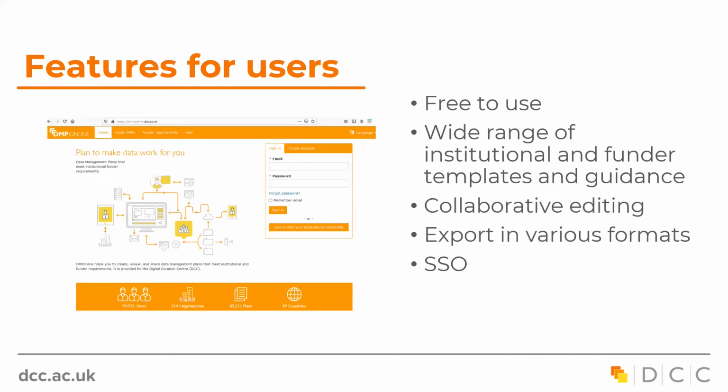I'll show you later, but you can share your plans with people who can just log in to the system and edit it if you're giving them editing rights, or just read it. After you finish your plan, you can export it in a variety of formats and add it to your research grant application. And we also have features like single sign-on, so you can sign on with your institutional credentials.